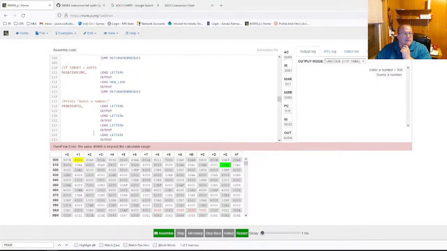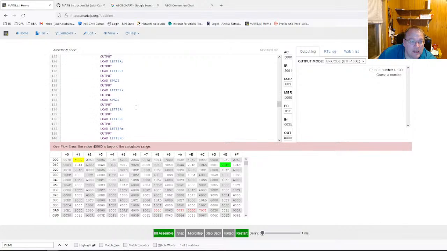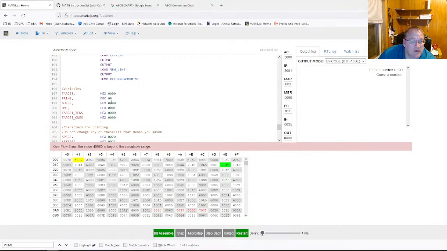All right, do we have a variable for 1? We don't. We can easily make one. Well, let's do that. 1 is hex 0001 and 16 is hex 0010.